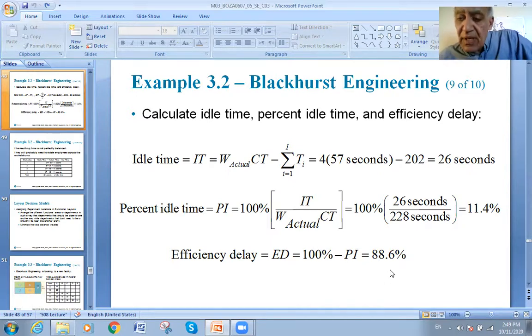If I tell you that you did not study 11.4%, then how much did you study? 100% minus 11.4% will give you the rest of it. Means 100% minus P1, which is the percent idle time. So it will be 1 minus 11.4%, or 100% minus 11.4%. It will give you 88.6.